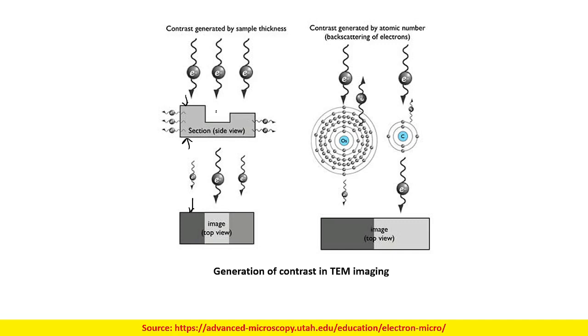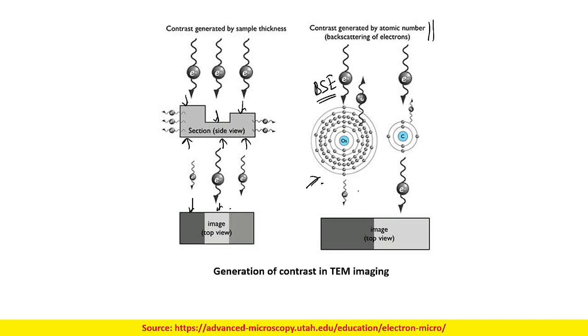If you are having a thin section, it would be lighter. And if you are having a medium thickness, it would have intensity in between. When we are talking about how the electrons are interacting with the system, if there is a heavy atom, in those cases your backscattered electrons will be higher.